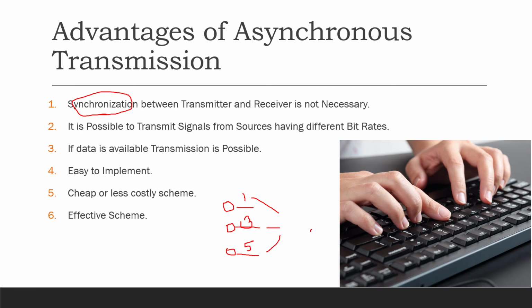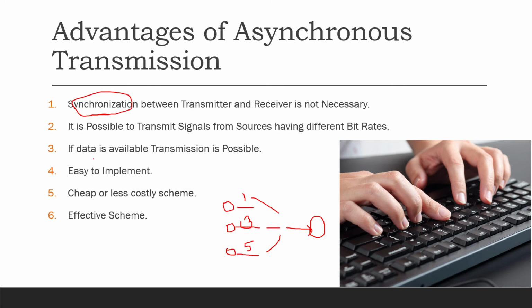But on the receiving side, it is possible that the receiver can decode the information of 1, 3, and 5. So though the transmitters operate at three different bit rates, the receiver can decode their information. This is the meaning of asynchronous transmission.